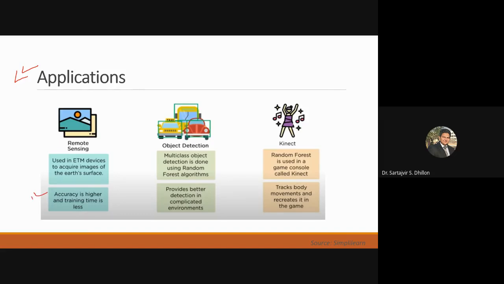What are the advantages? Accuracy is higher and the training time is less as compared to other classifiers. But here we can't say it is better than the decision tree, because it is actually a collection of multiple decision trees.